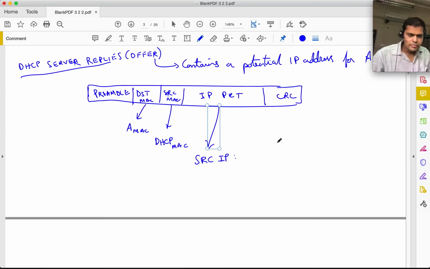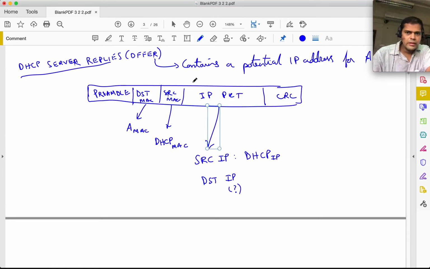The source IP, of course, is going to be from this particular host. What about the destination IP? This is something we have to think about.